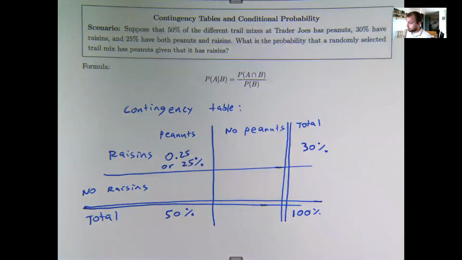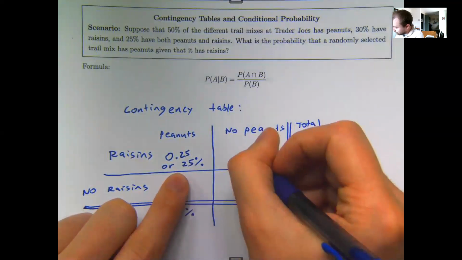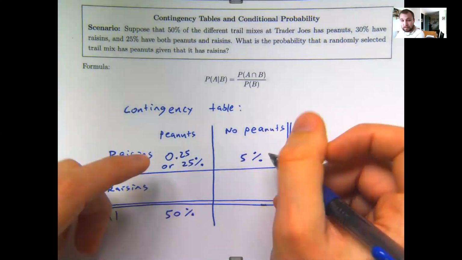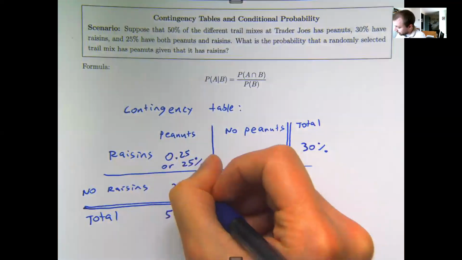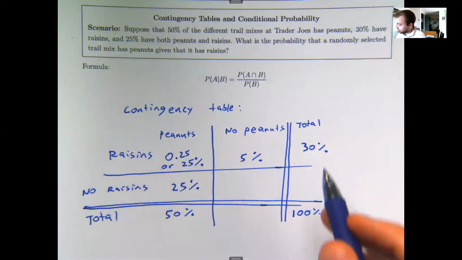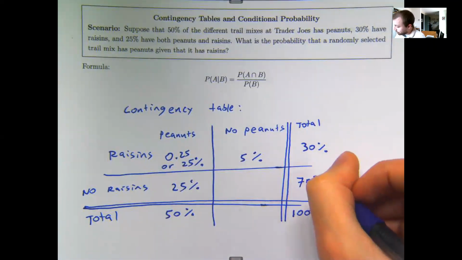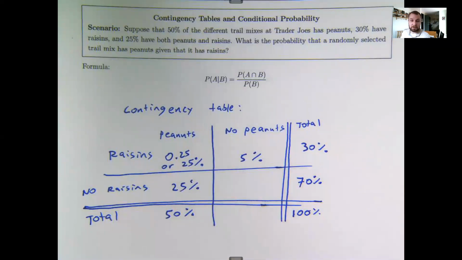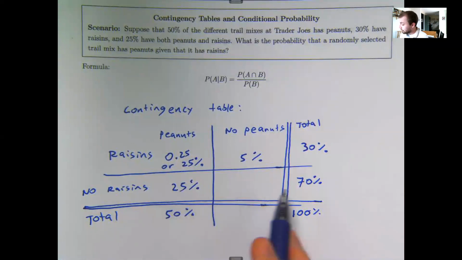Let's fill in the rest of the values based off of this. 25% and 5% gives me 30. 25% and 25% gives me 50. 30 and 70 give me 100. I'm just making sure that everything adds up vertically and horizontally. 25% plus something gives me 70.